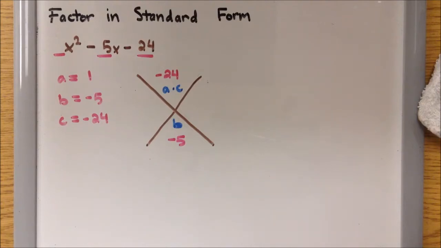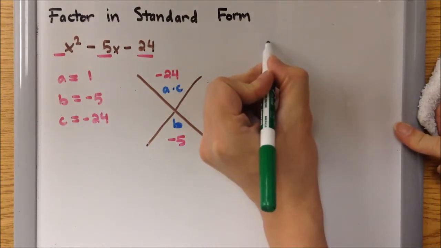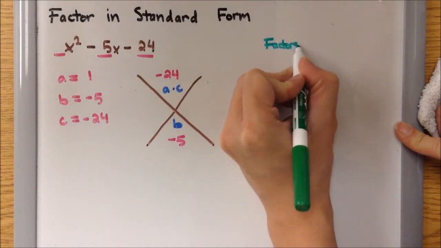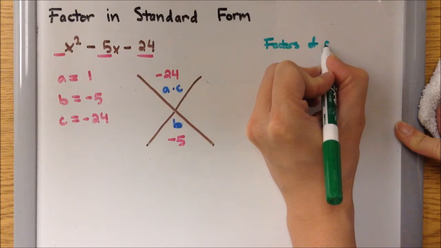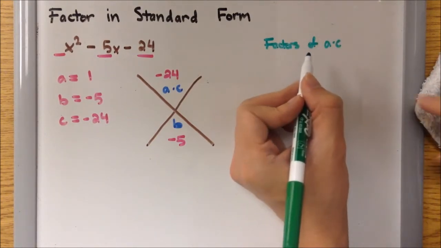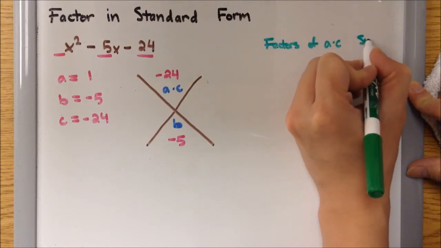So factors of A times C, and then I'm going to identify sum and difference.